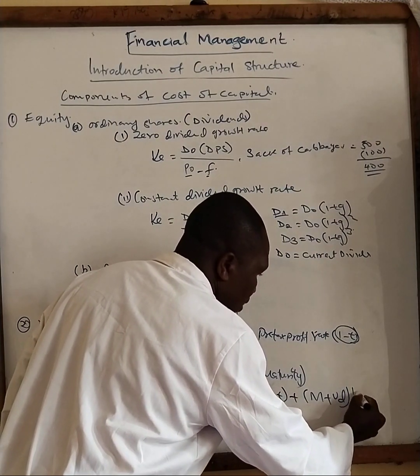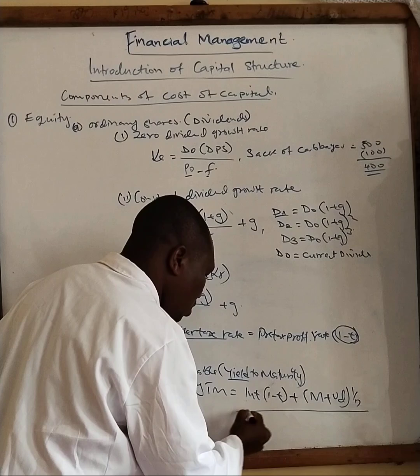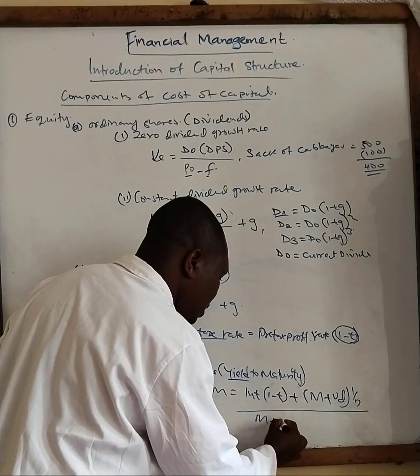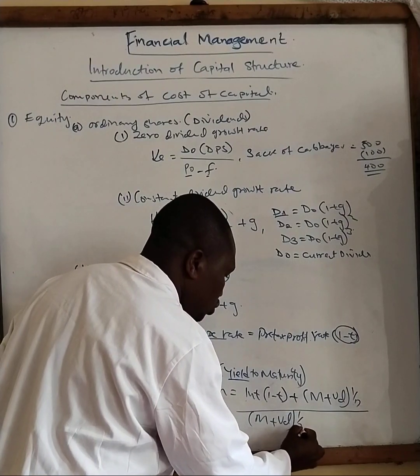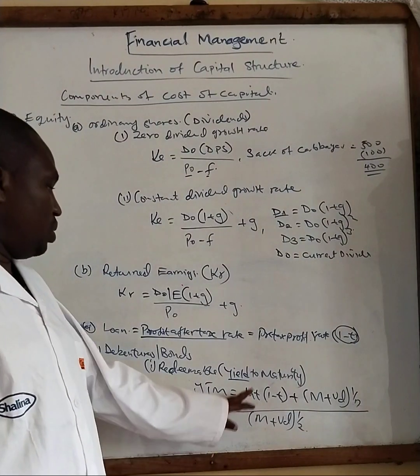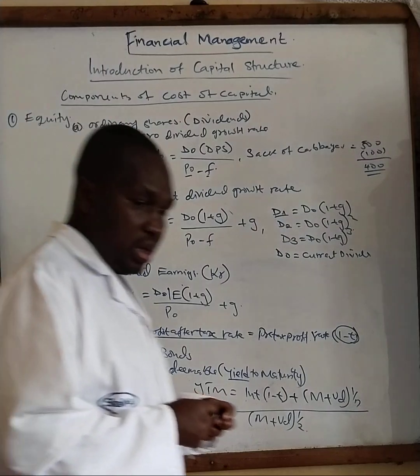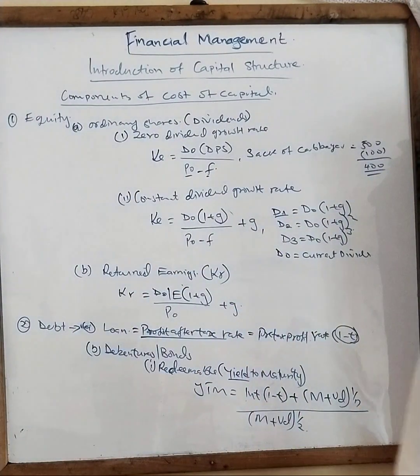Then 1 over n, everything over m plus vd over 2. So I want to explain the meaning of each and every word from each and every component there.